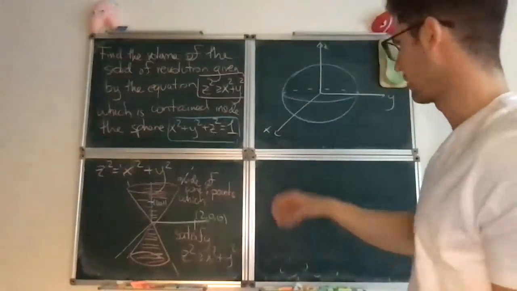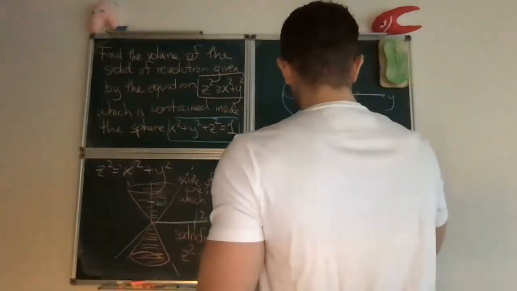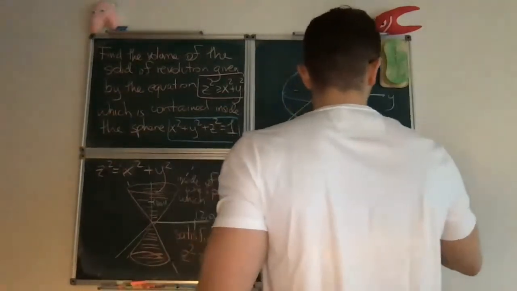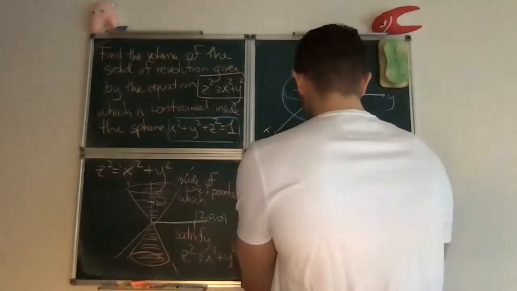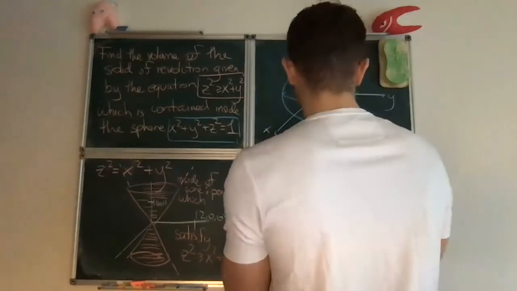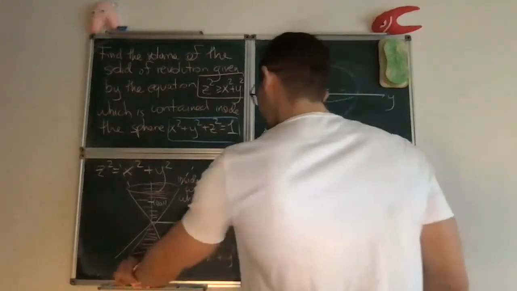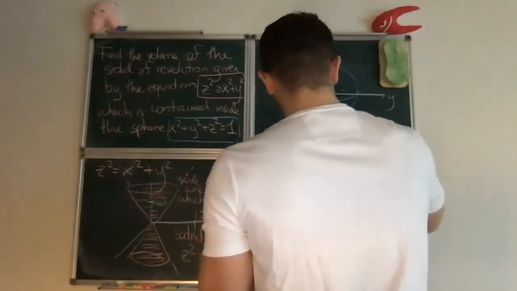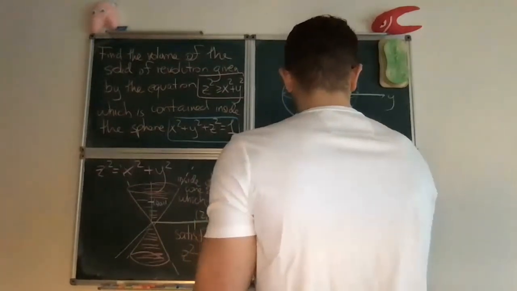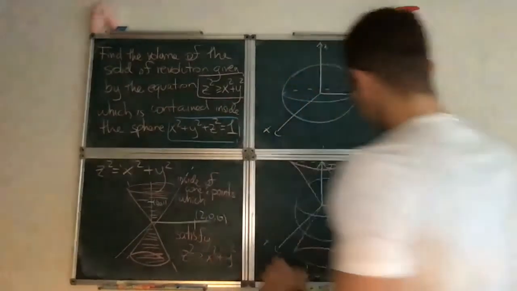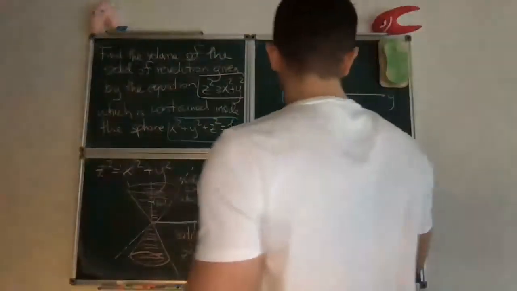And then we just have to put these two pictures together. And the volume that we care about, let me draw again the sphere first. So let's do it like this. The volume that we care about is the part of this cone that's contained inside the sphere.